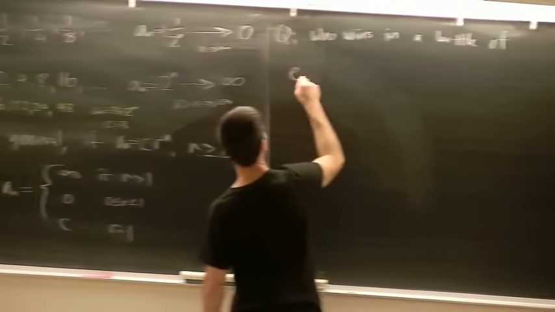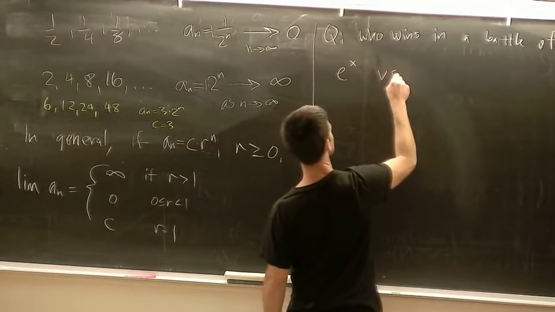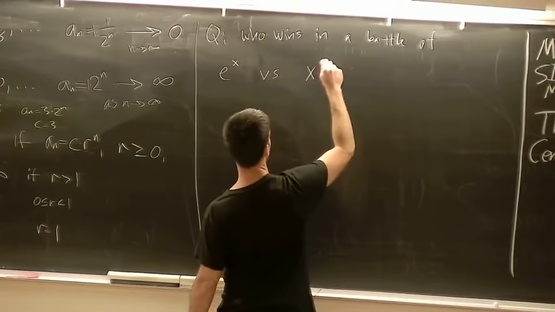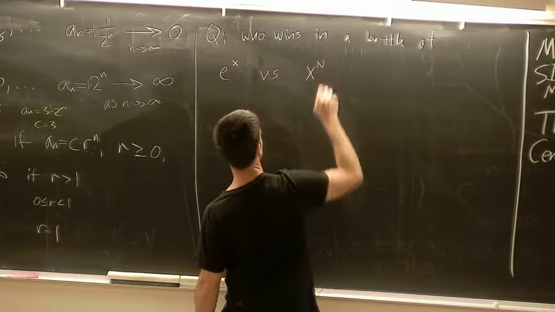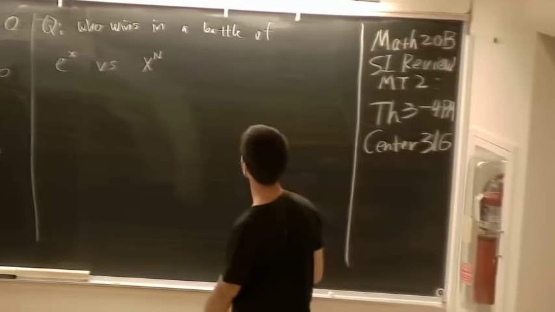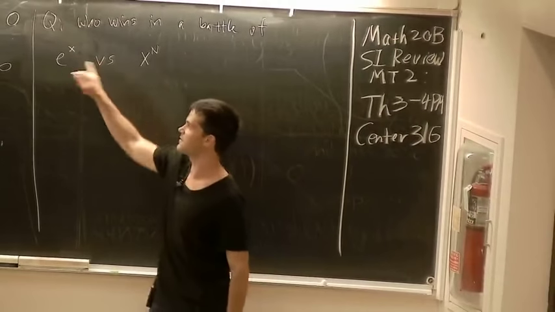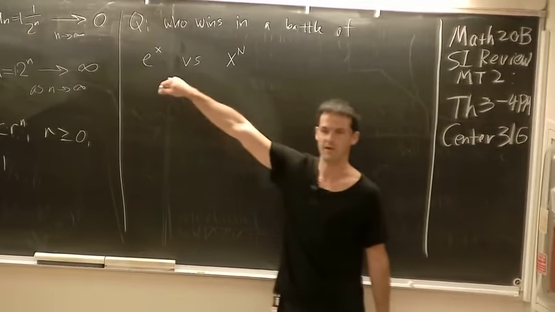So let's take, how about e to the x versus x to some fixed number, let's just say capital N. So here x is the variable. Which one's going to win?